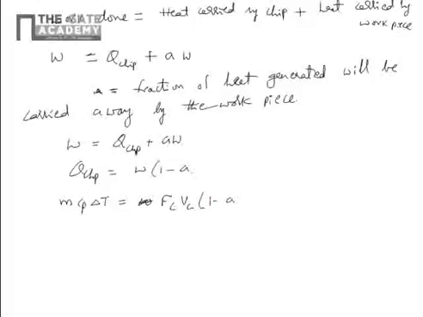So m c_p delta T equals F_c V_c (1 minus A), and delta T, the temperature rise in the chip, equals F_c V_c (1 minus A) divided by m c_p. Mass is nothing but density into volume. So delta T is the rise in temperature of the chip.